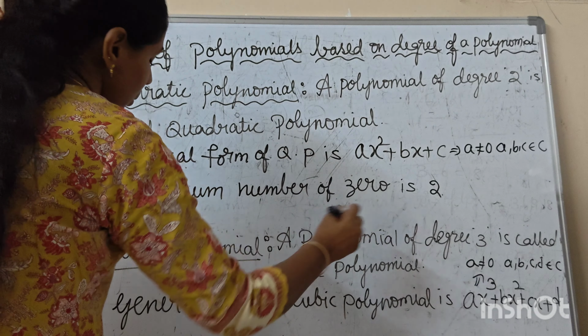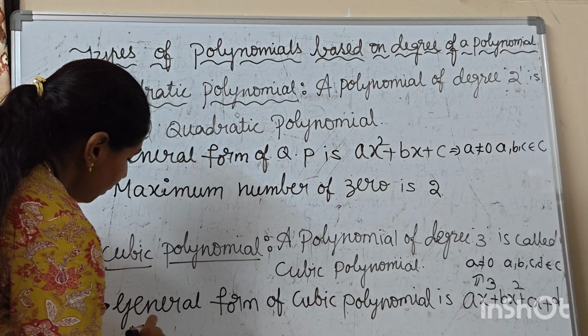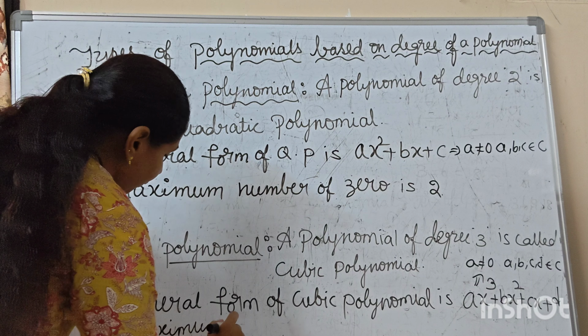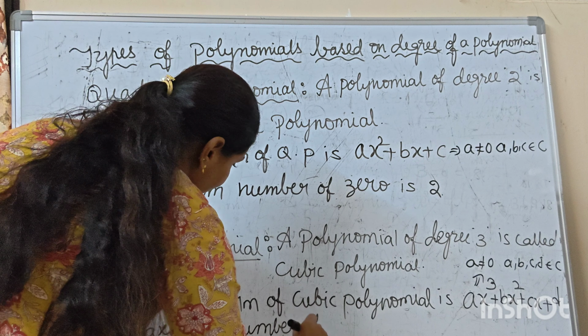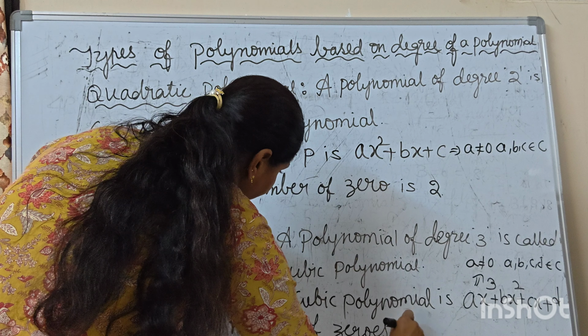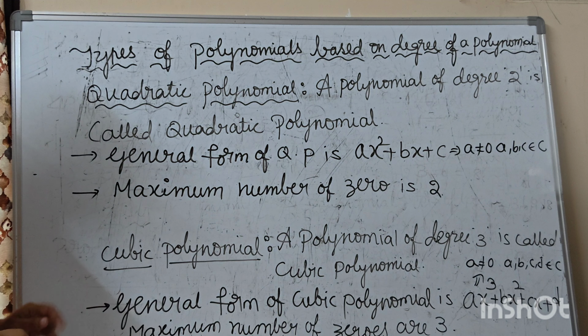The highest degree is 3, so the maximum number of zeros is 3. Hope you understand what a cubic polynomial is.